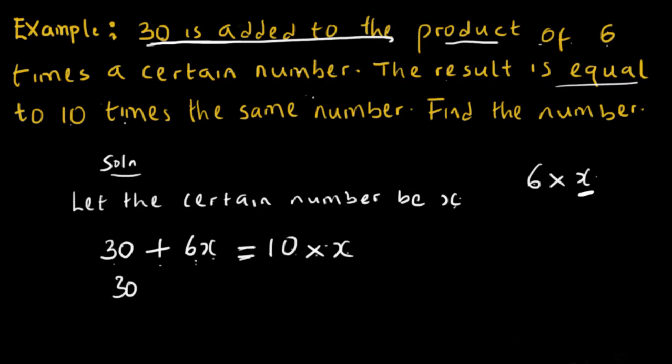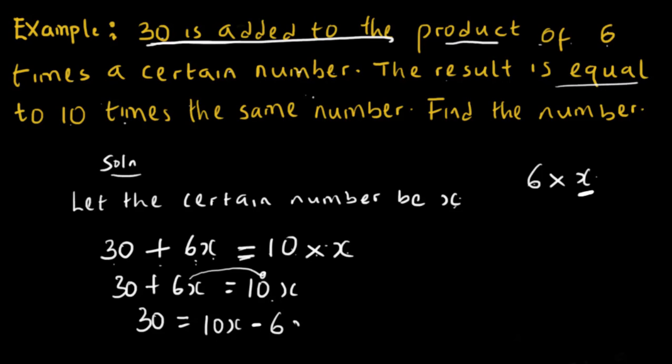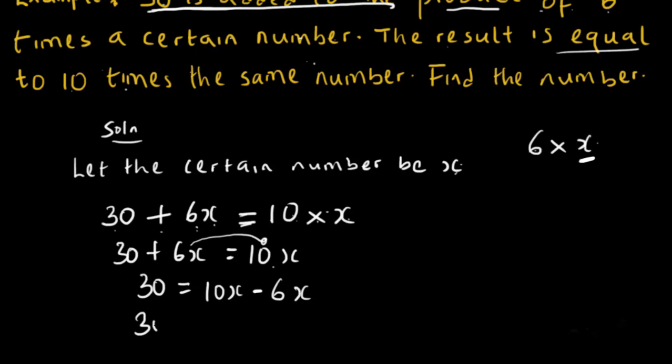So we have 30 plus 6x equals to 10 times x is 10x. So we collect like terms. 6x goes to meet 10x because they are like terms. So we have 30 equals to 10x. When 6x crosses the equal to sign, it becomes minus 6x. So we have 30 equals to 10x minus 6x is 4x.